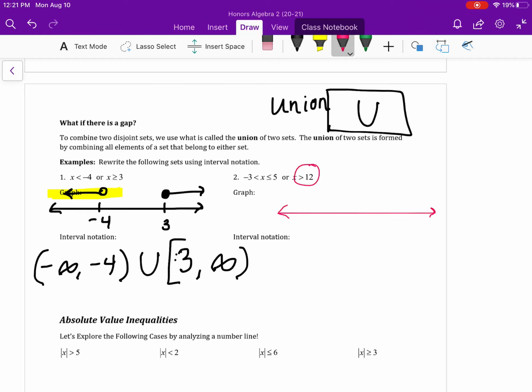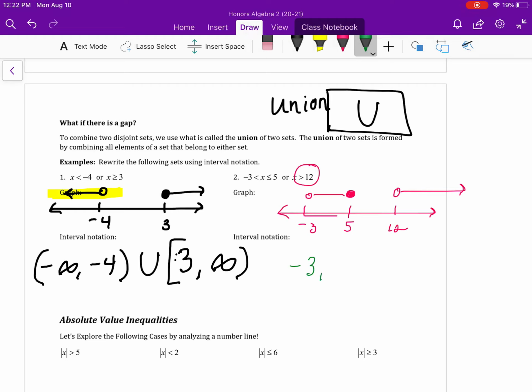I'm going to do this one first. X is greater than 12. I'm going to have an open circle. Or it's between -3 and 5. We're going to have an open circle here and a closed circle here. It doesn't really matter that your scale is perfect down there. So here's what I'm going to do.